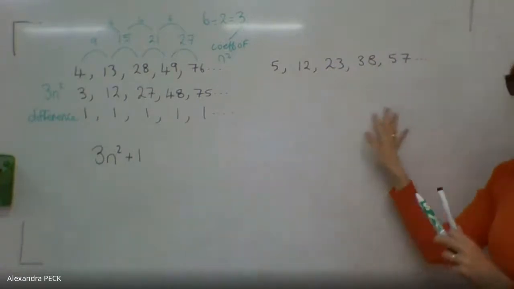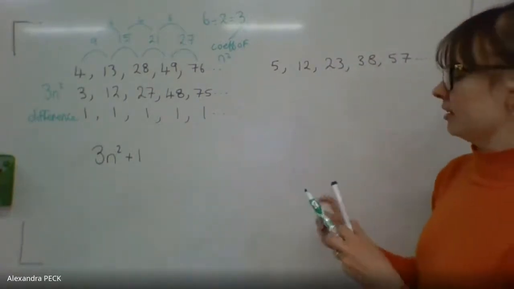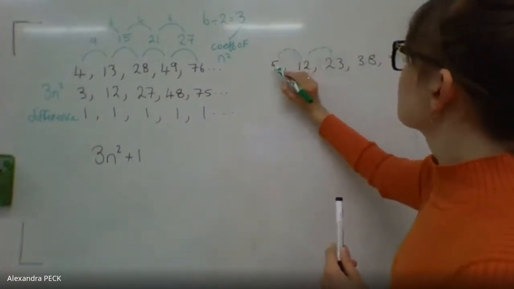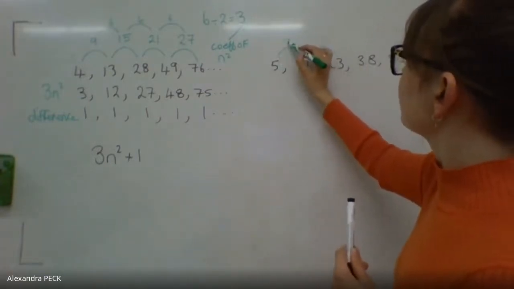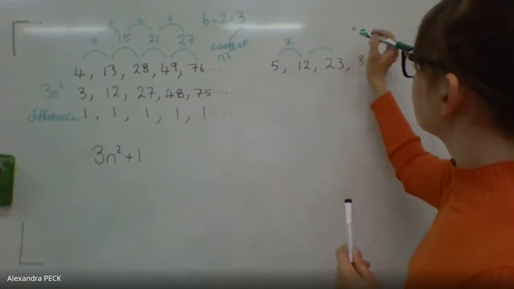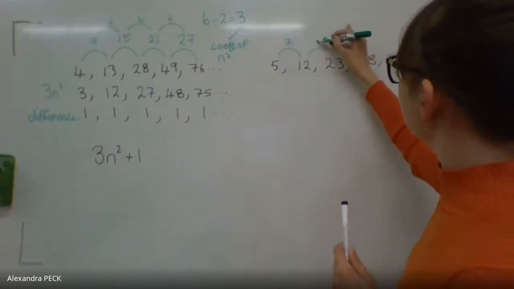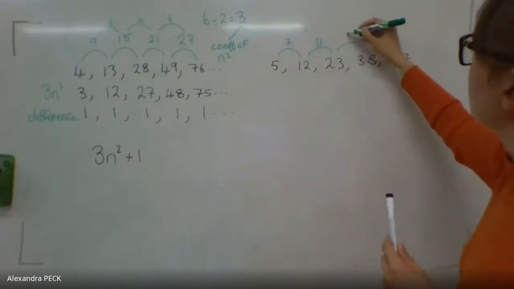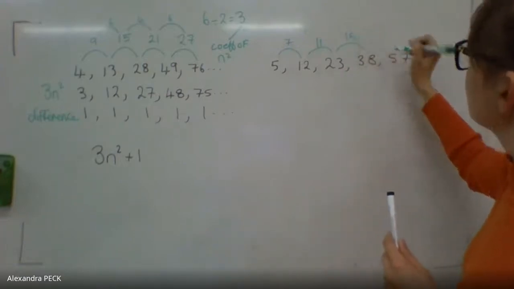Okay, second sequence, let's do the same method then. So remember, the first step is to find the difference. So 5 plus 7 is 12. 12 plus 11 is 23. 23 plus 15 is 38.